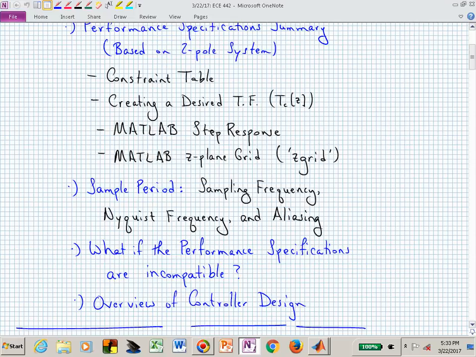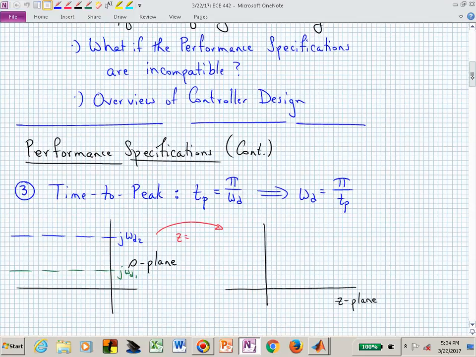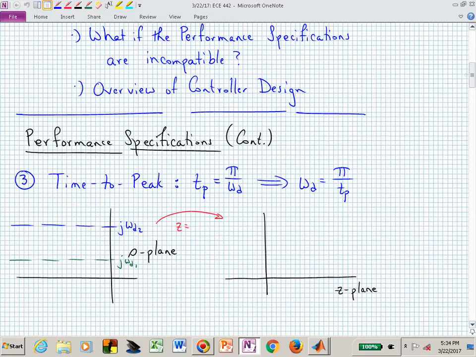Do we start adjusting the heart? Do we start adjusting the circle? Do we start adjusting the wedge in our z-plane to try to satisfy all of the different performance specifications? And then, which we probably will not get to, but we'll start talking about controller design or provide an overview of controller design, which is where we want to get to in this half of the semester.